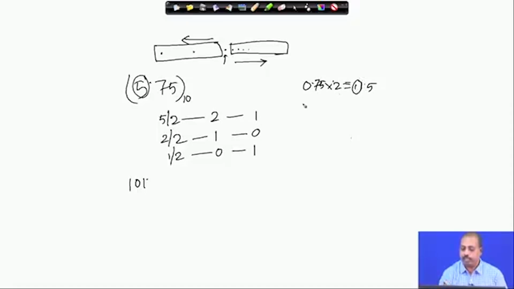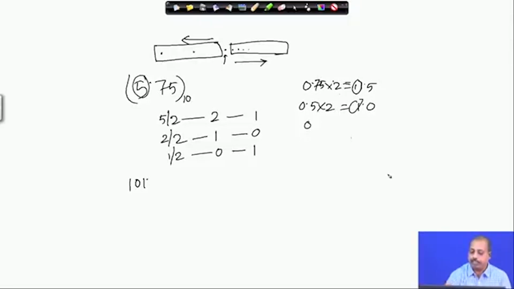This 1 is taken and this 0.5 is again multiplied by 2. So, you get 1.0, again that 1 is taken and then it becomes 0. After that this value has become 0, so there is no point doing the multiplication again.